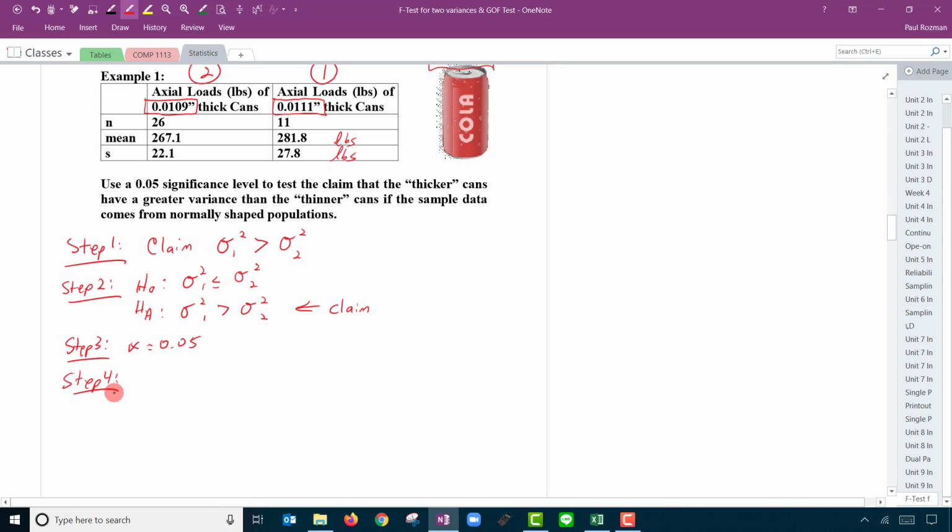Step 4, check your assumptions. In this case, we need normal distributions, and this data had to be randomly sampled. When we meet these conditions, then we can use the F distribution.